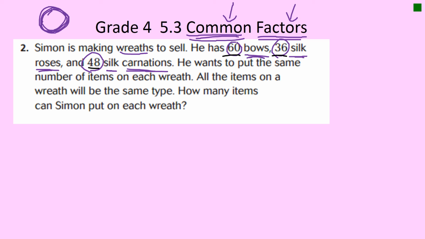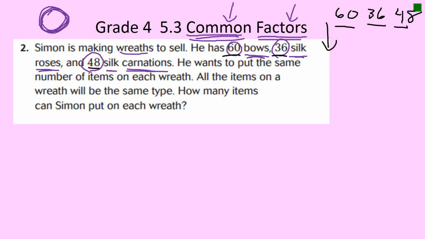Okay? 60, 36, and 48. Those are some whoppers right there. So I know that in the lesson they would list the factors of 60, 36, 48 down in a list.